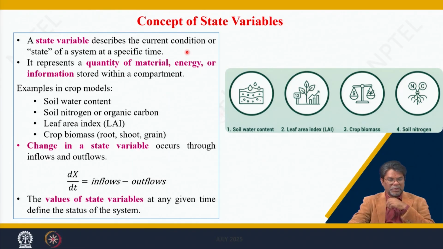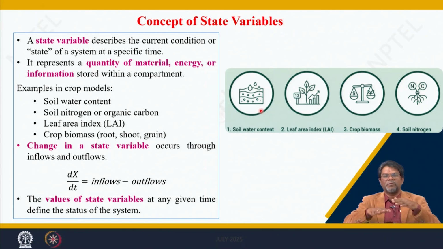What are the state variables in a crop model? Take soil water content. It is not constant; it changes over time, depending upon the rainfall, the evaporation, and the infiltration of rainwater into soils. It also changes with different profiles, layer 1, layer 2, layer 3.